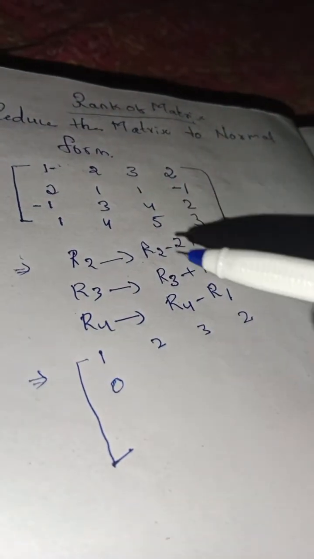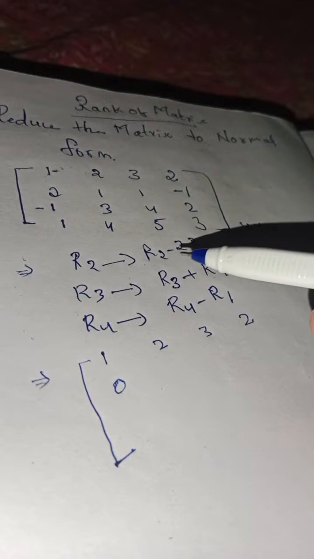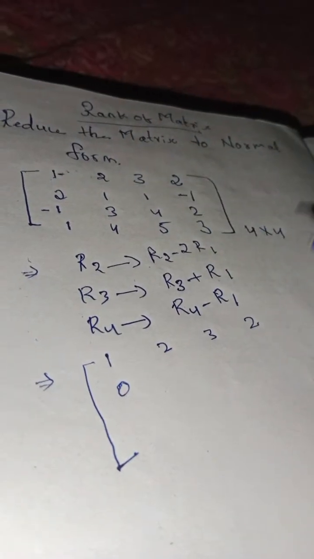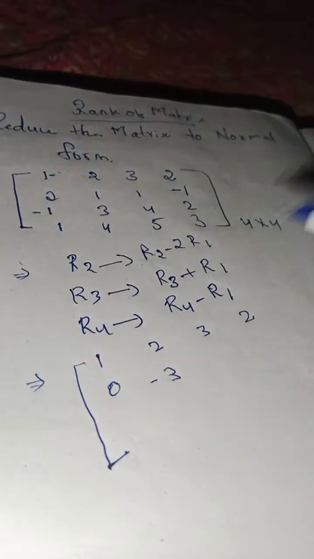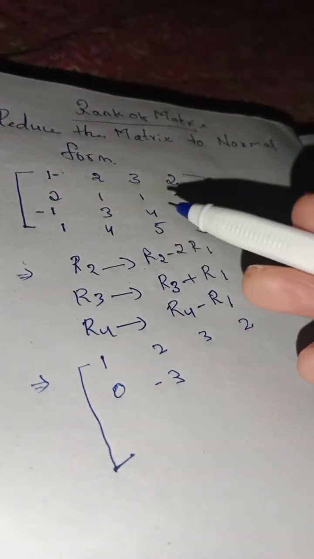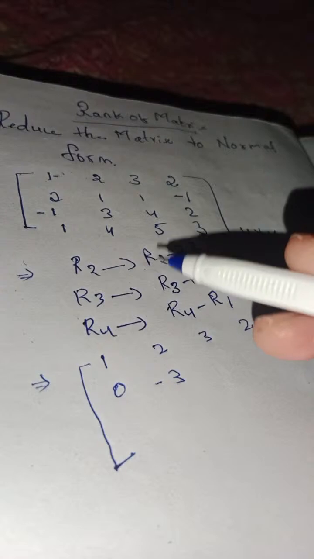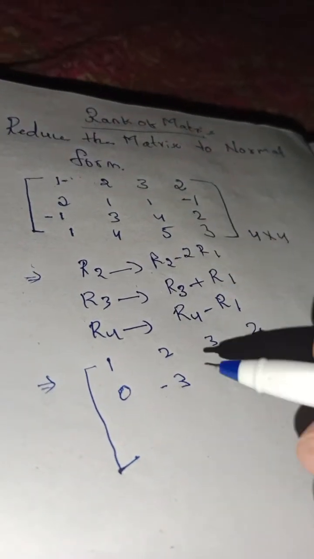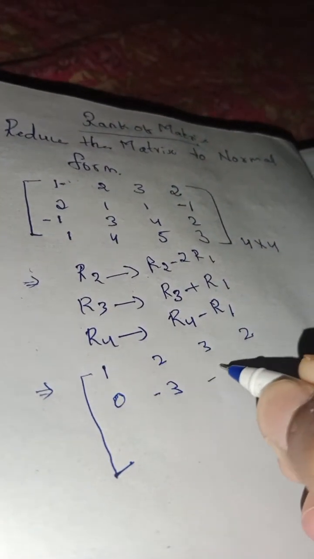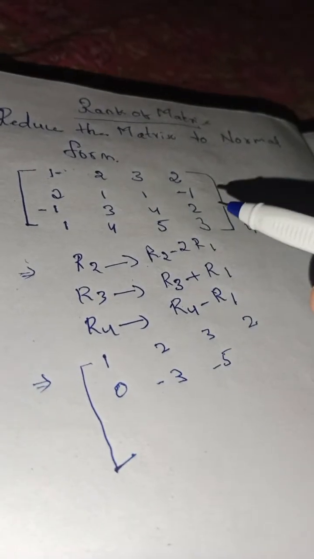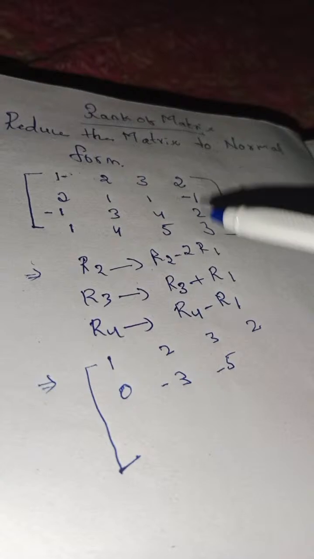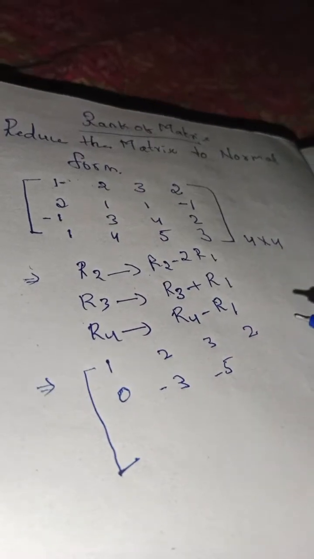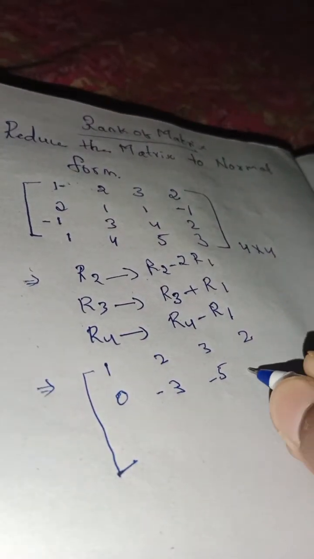And next 1. 1 minus 2 twos are 4, 1 minus 4 is minus 3. Next 1. 1 ones are 1 minus 3 twos are 6, that is minus 5. Next minus 1, minus 2 twos are 4. Minus 1 minus 4 will be minus 5.